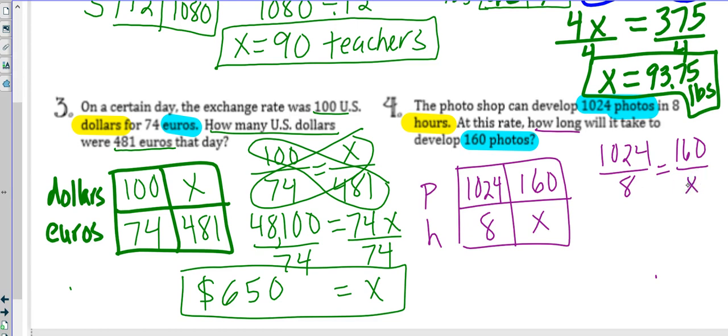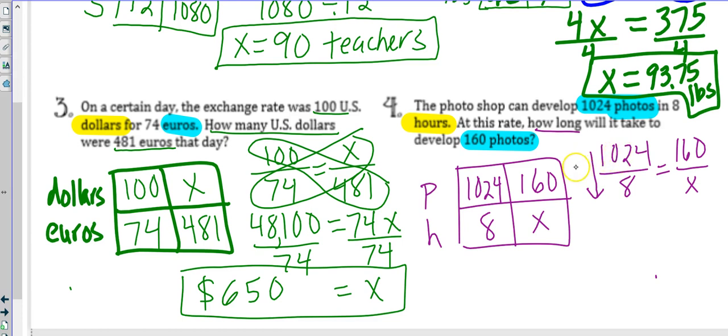You could use cross products for this. You could also look at to see if there is a vertical relationship. Either way, I'm going to go ahead and do that for this one. I know there's a relationship between 1,024 and 8. So I'm going to see what I do to 1,024 to get 8, and I'm going to use my calculator. 1,024 divided by 8 is, okay, 128.